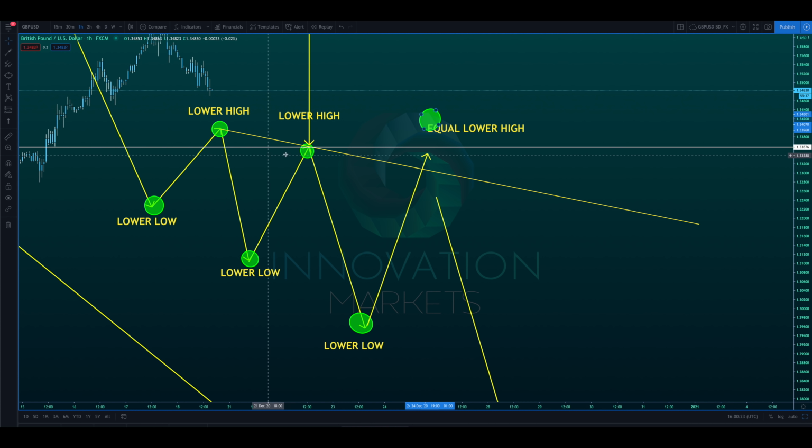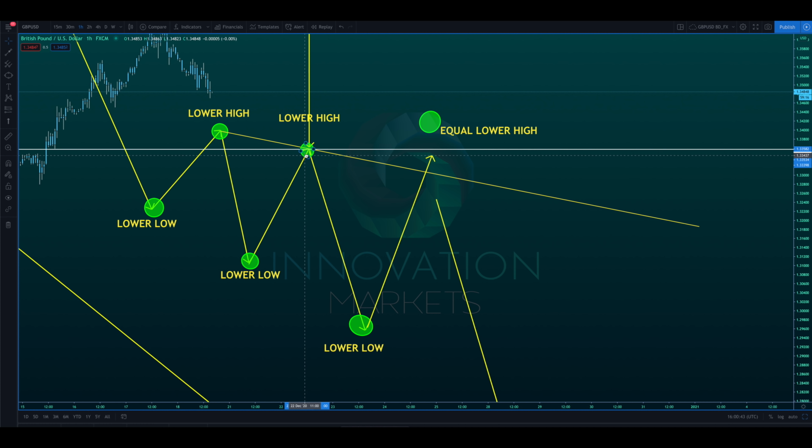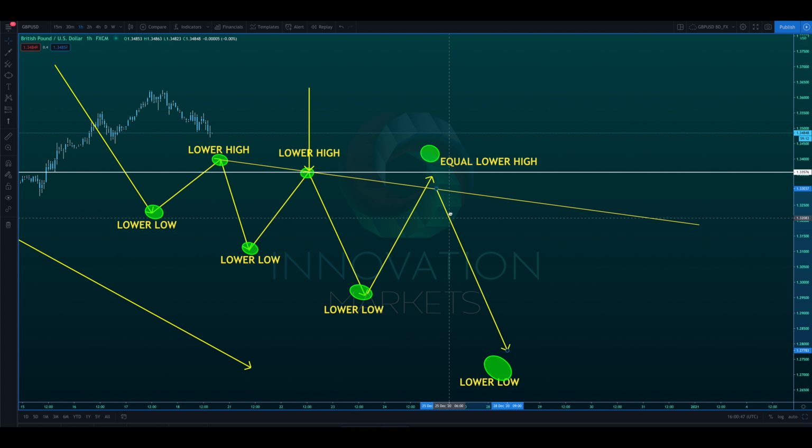It has to break above with a candlestick close above this level in order to invalidate this trend. So the candlestick has to close, not just the wick. But while price is trading below or equal to this last lower high, price is still bearish and you can still look for a trade back down.